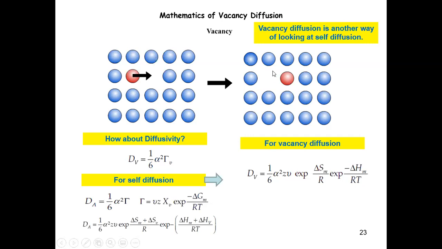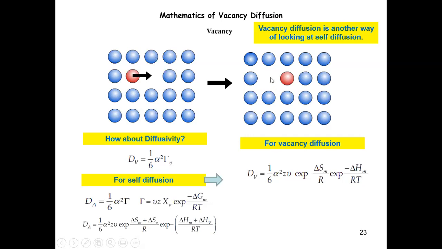But again, you see that if we consider this an imaginary particle for the vacancy, it's also going to move in the same way that a real particle moves. So this wouldn't change the interatomic distance. This alpha is the same, right? It's the distance between these two atomic planes. And then all of the key tricks we can play are going to be in this gamma V, which is the hopping rate for the vacancy, right?